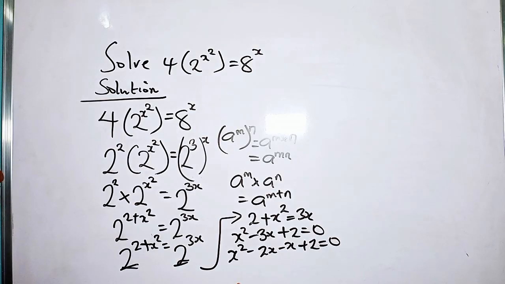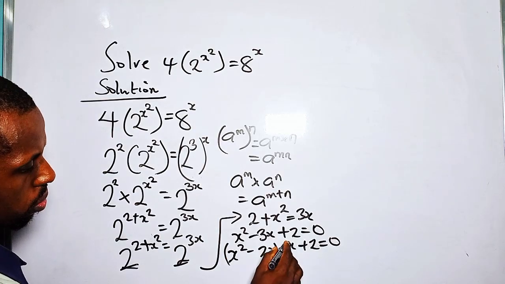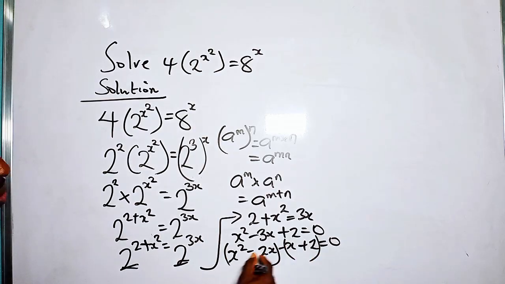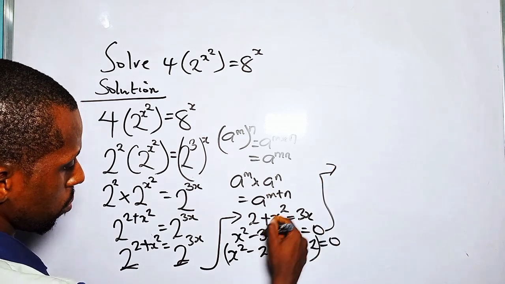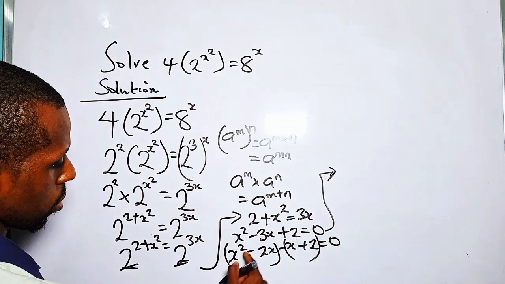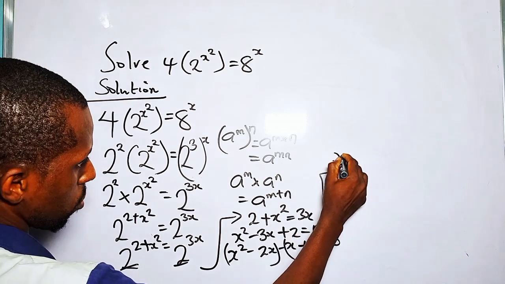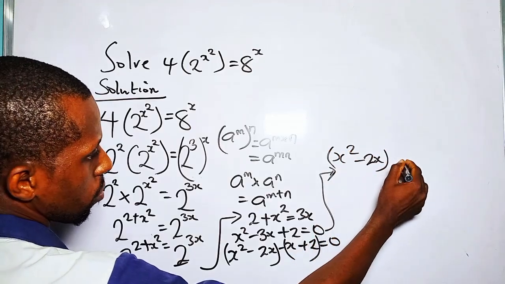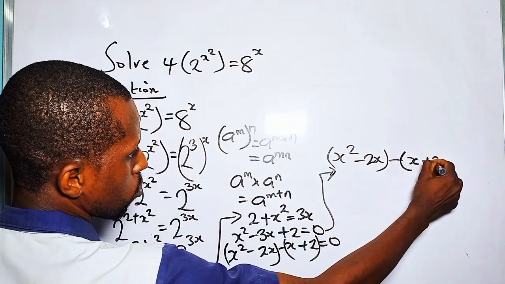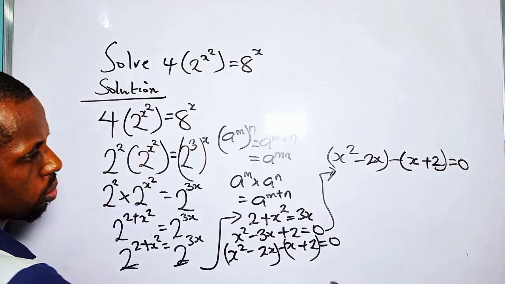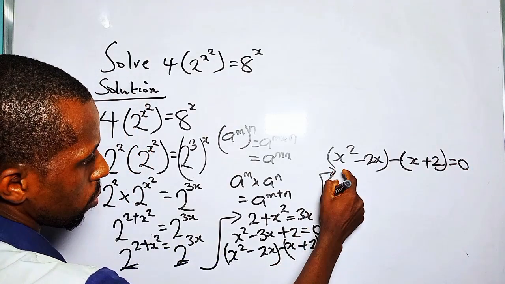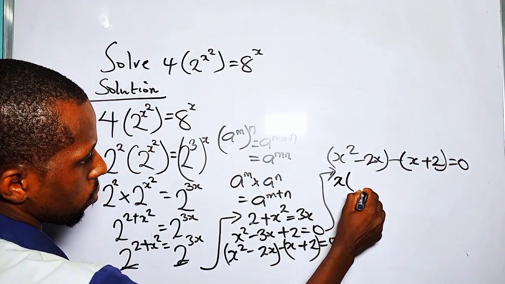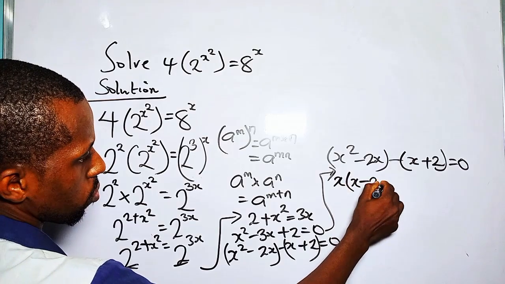So when we group this, we can factor out the common terms. We have x squared minus 2x, minus x plus 2 equals 0. What do we have that is common here? We can factor out x, so we have x into x minus 2.